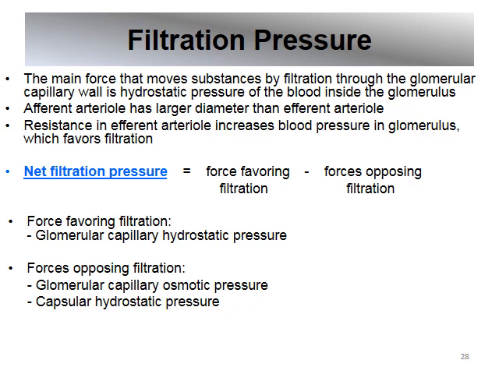However, we also have forces that oppose filtration. Just like the capillaries have a hydrostatic pressure, the glomerular capsule has a hydrostatic pressure as well. However, it's typically much, much lower than the glomerular hydrostatic pressure. We also have a glomerular capillary osmotic pressure.